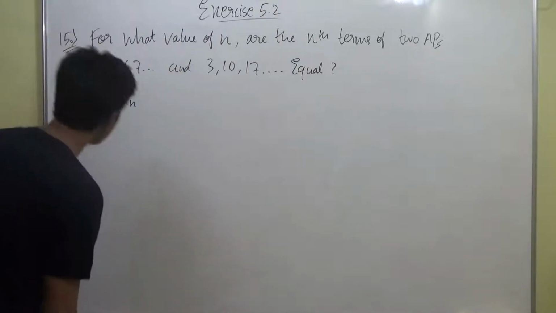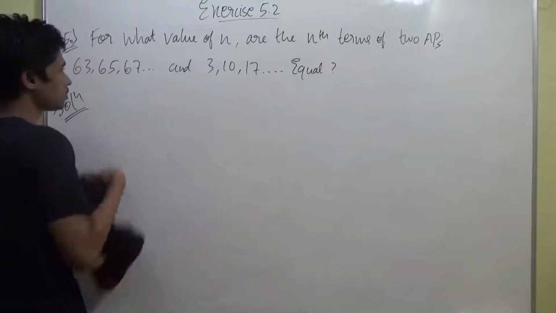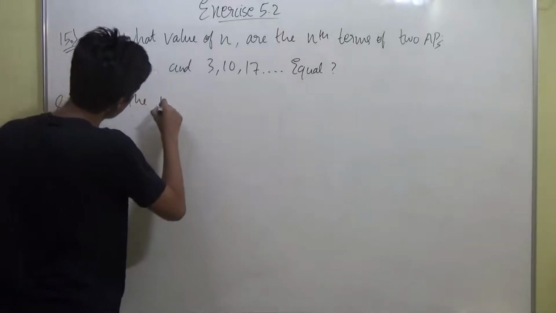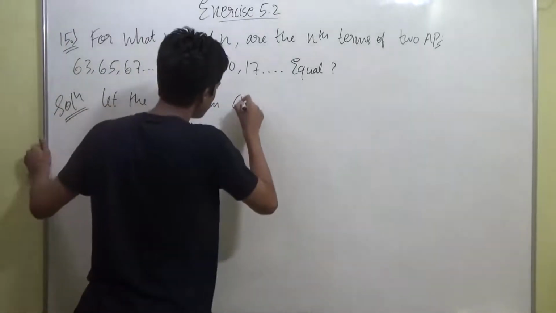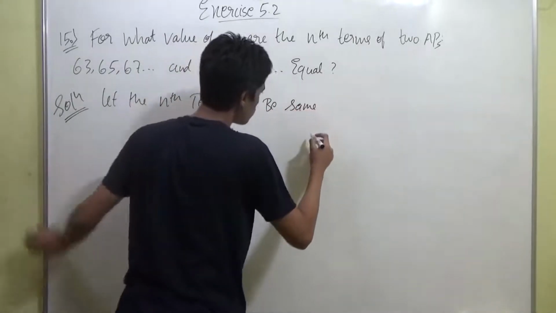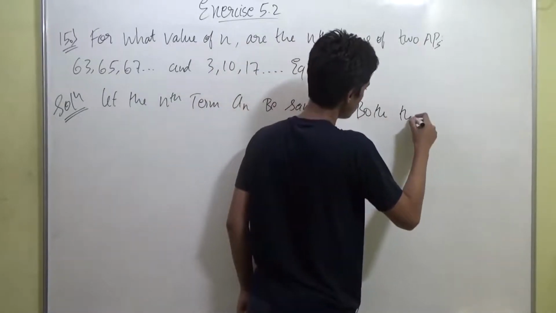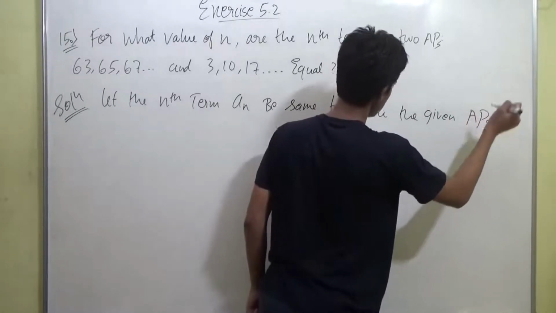Okay, let's write this in one line as a statement so that it will be better understandable. Let the nth term a_n be the same for both the given APs.